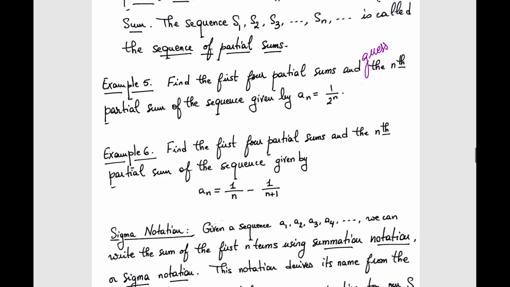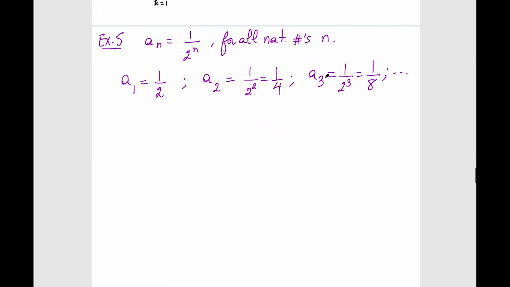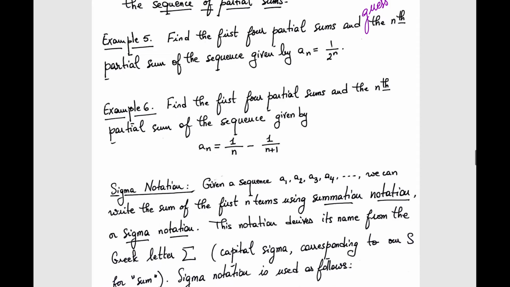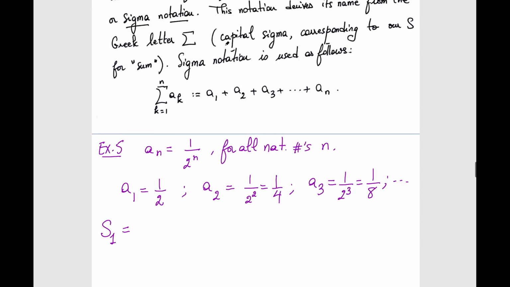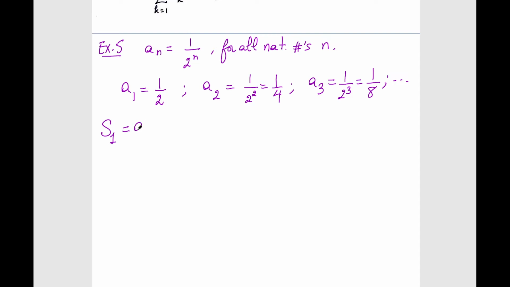The question is to find the first four partial sums. All right, let's find them. What's the first partial sum? It's denoted by S sub 1, and according to the definition, S sub 1 is just the first term, the sum of just the first term, which is itself. So it's A1, and A1 is half.